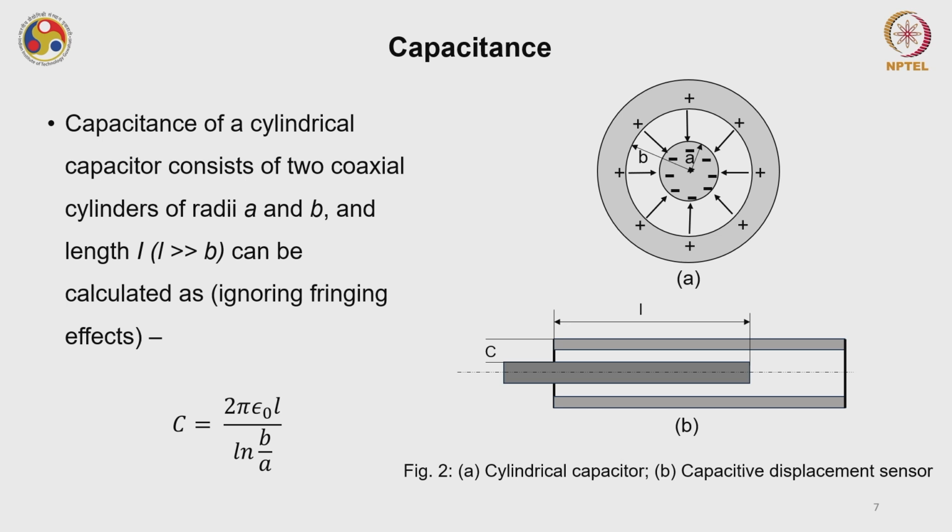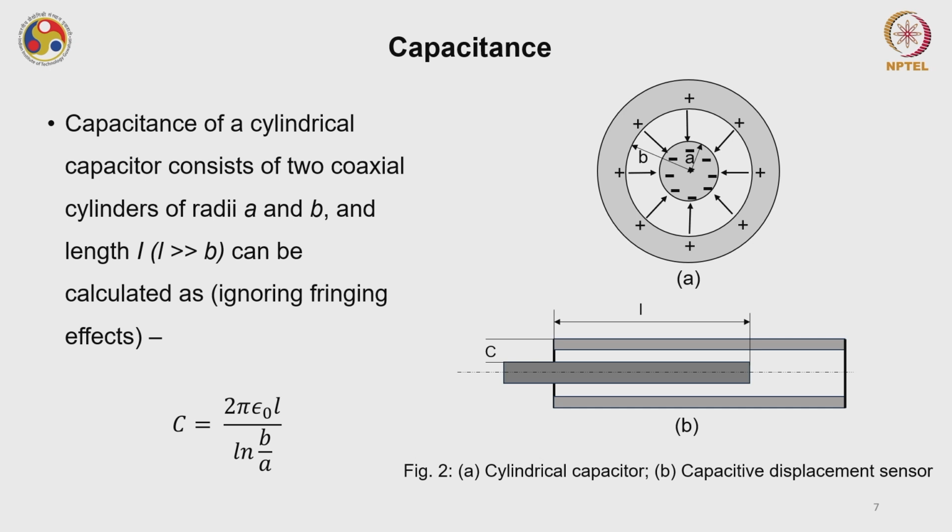Now let us see the capacitance of coaxial cylinders. The capacitance of a cylindrical capacitor consisting of two coaxial cylinders, of radius A and B as shown on the screen, and having length L, which is the overlapping length of these two concentric cylinders, can be calculated by the equation 2 pi epsilon naught L by ln B by A. Please note that I am neglecting any fringing effect here.